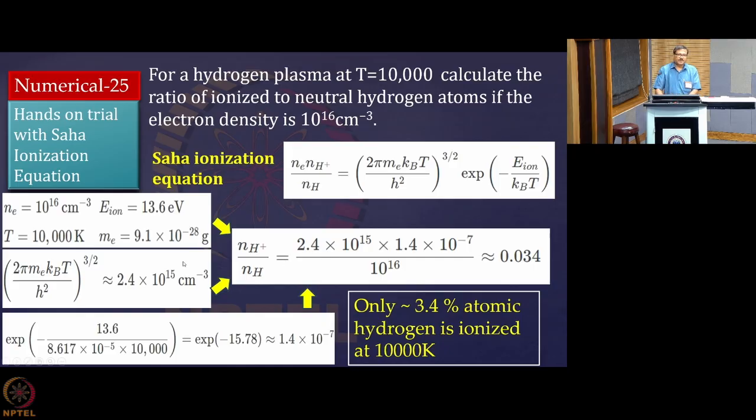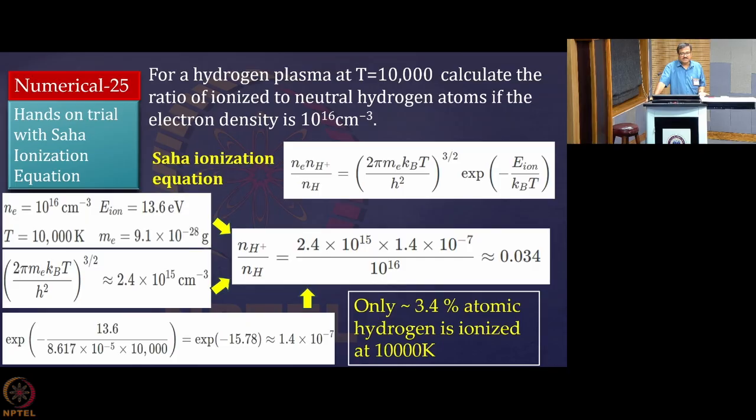This formula is giving you that the ionization fraction is quite low, even at 10,000 degree Kelvin, and even for hydrogen, where only one proton is trying to pull the electron. So keep this idea that if I am raising the temperature, it doesn't mean that all of them will get ionized.